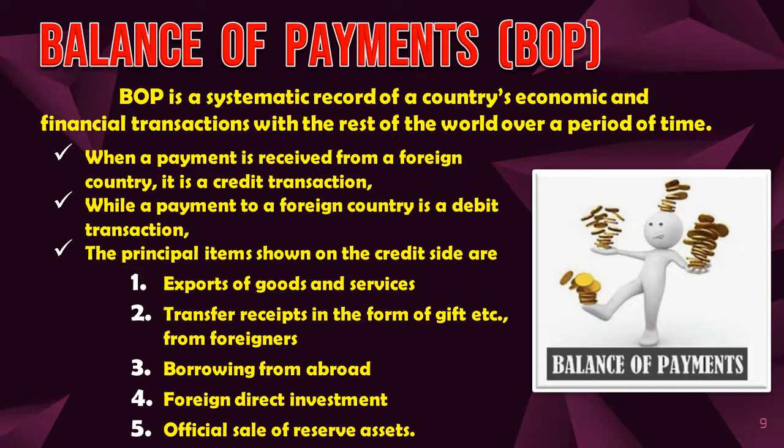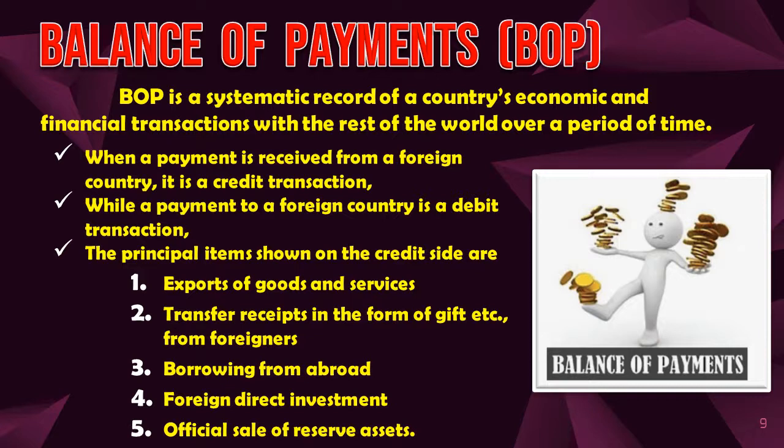So it is a systematic record, maintaining a record of one country's economic and financial transactions. What are the transactions you have done with the rest of the world's countries over a given period of time, that is called the balance of payment.